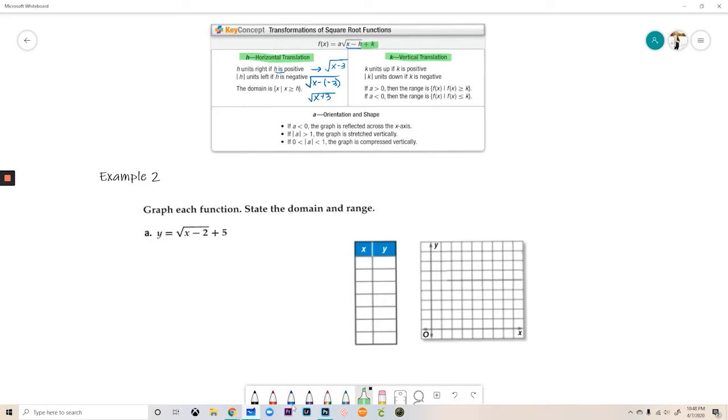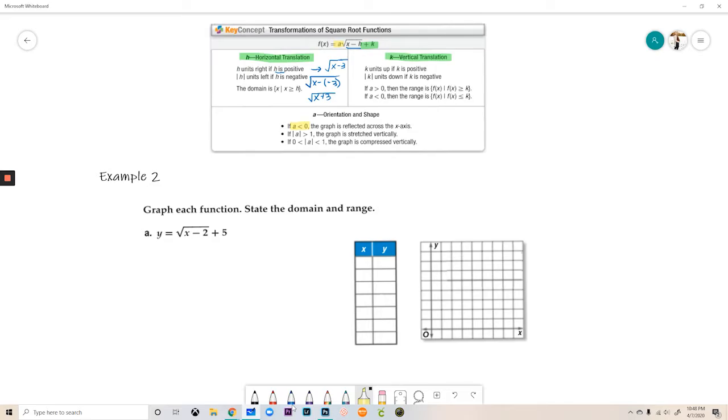The a value, the number out front right here, is going to change quite a bit. It depends on if it's positive or negative, greater than 1 or less than 1. The a value itself, if it's negative, so let's say it's negative 2, is going to reflect the entire graph over the x-axis, so it's going to flip it upside down.